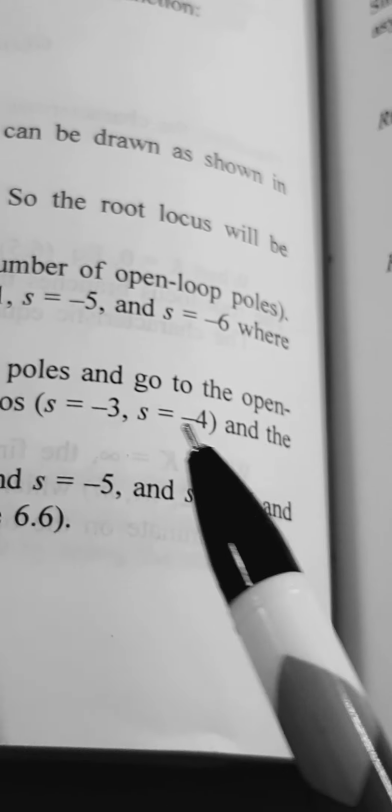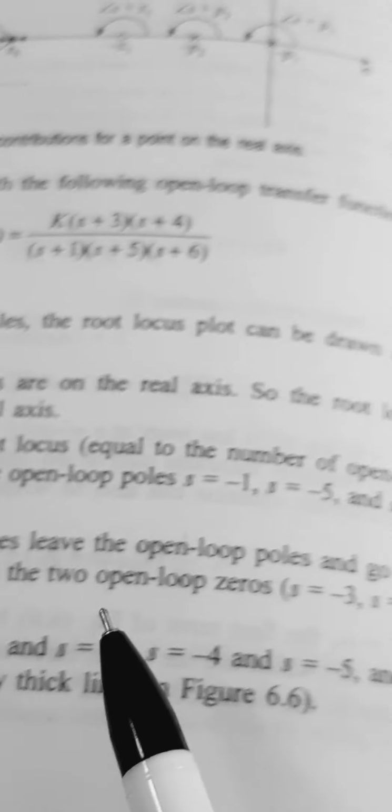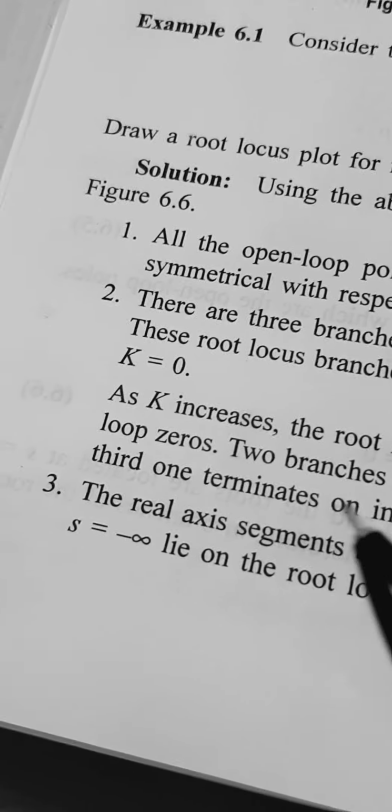As k increases, the root locus branches leave the open loop poles and go to the open loop zeros. 2 branches terminate on the 2 open loop zeros, and the third one terminates at infinity.